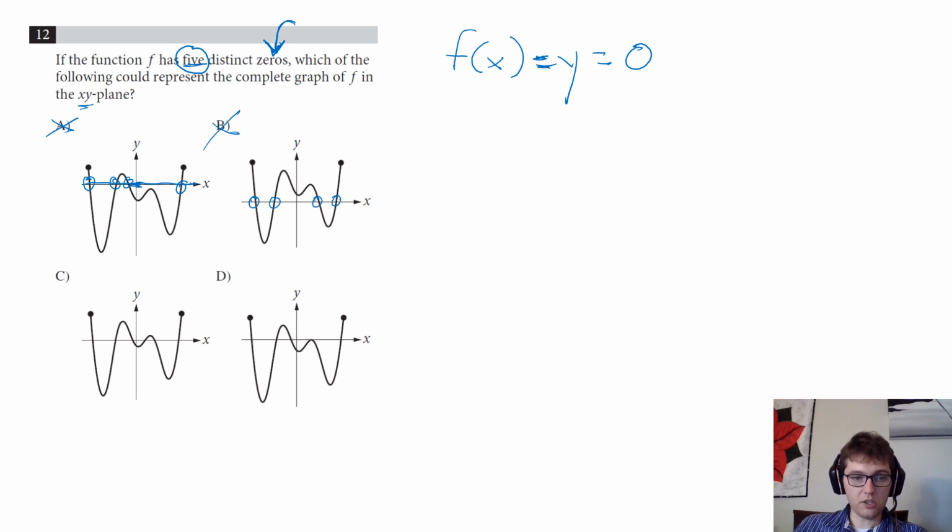B is not correct. On C, it happens 1, 2, 3, 4, 5, 6 times. It's greater than 5. C is incorrect. Hopefully D is right. So let's take a look at 1, 2, 3, 4, 5. This D has 5 zeros. D is the correct answer.